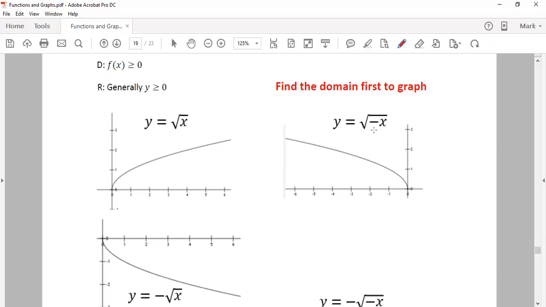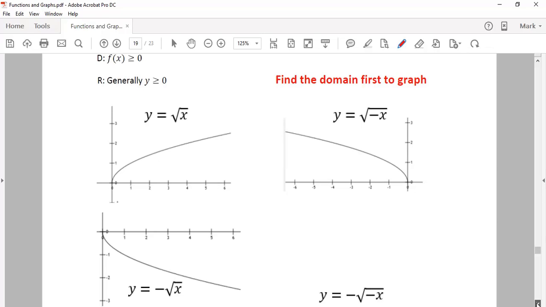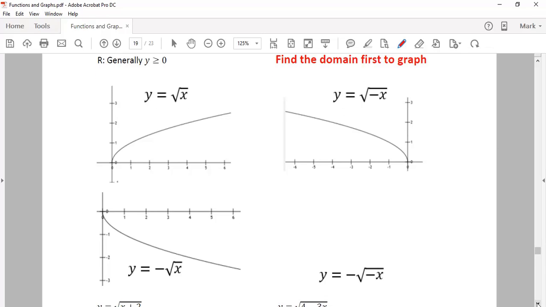So it'll be square root of negative 1, which is just square root of 1. Square root of negative 2 is just square root of 2. So that's why that can exist. And the last missing shape here, this one. So as you can probably tell, it's just going to look like this.